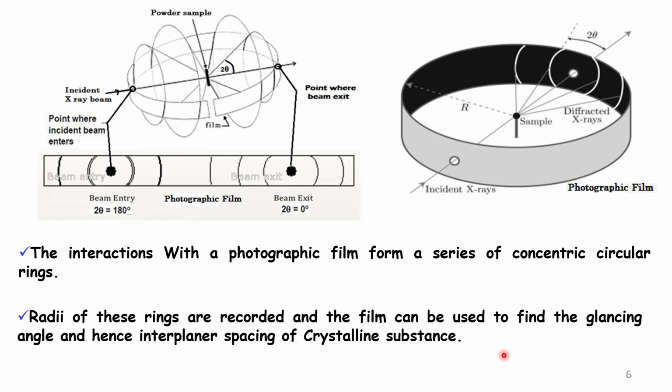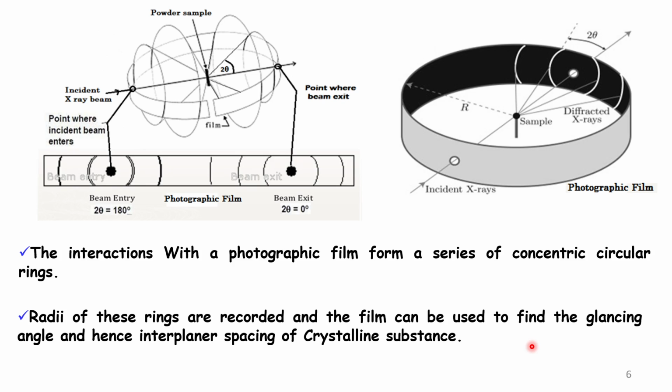By recording the radii of these rings on the film, we can find the glancing angles, and with the help of the glancing angle we can determine the interplanar spacing of the crystalline substance.